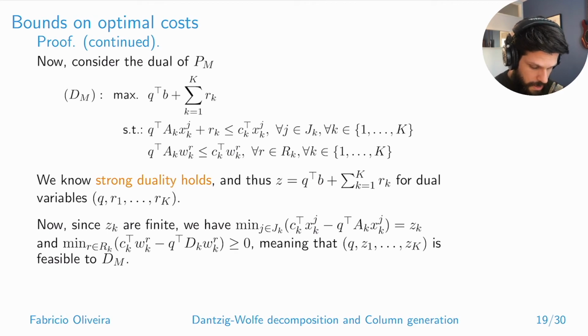So that means that if you look at this, you can replace rk with zk, and that zk and the variable q are going to form a dual feasible solution, because I'm satisfying this condition if I replace r with zk, and this condition is being satisfied because it's finite.